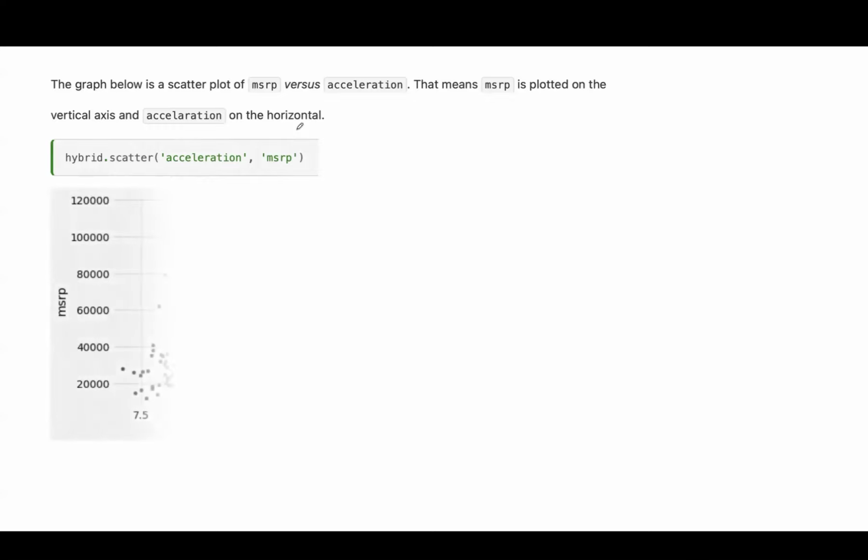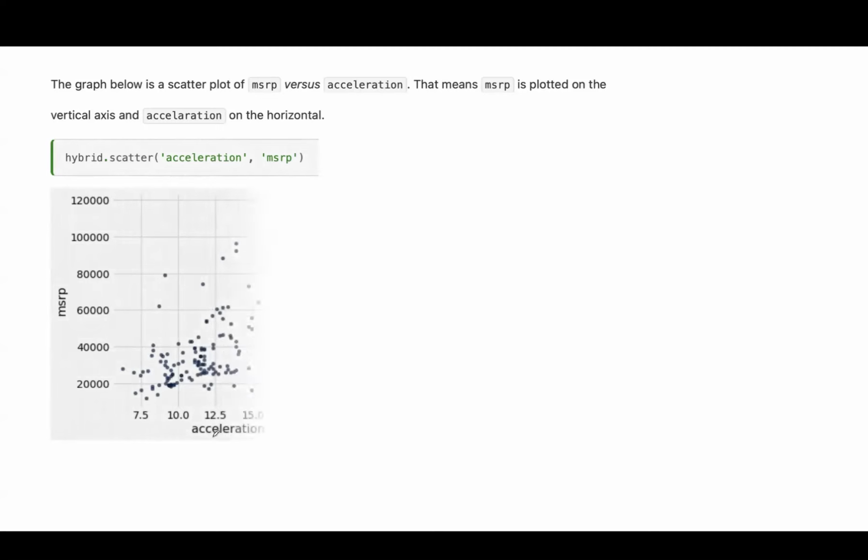You can switch these two. You can make the connection using X and Y in a different order. Later on, we're going to create a heat map, and basically you're going to see the correlation coefficient for each two variables. So let us take a look at the acceleration and MSRP.